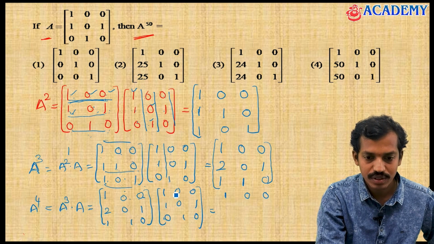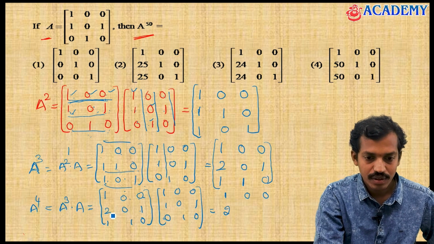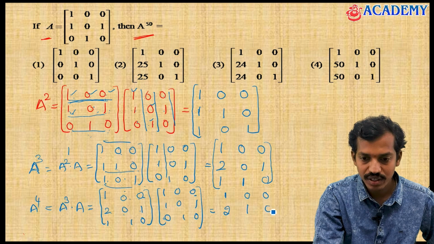Next 2 0 1 we are multiplying, 2 into 1, 2 plus 0 into 1, 0 1 into 0, 0, you are going to get here 2. Next value, that is 2 into 0, 0 next 0 into 0, 0 1 into 1, you are going to get here 1. Next 2 into 0, 0 next 0 into 1, 0 1 into 0, 0, you are going to get here 0.